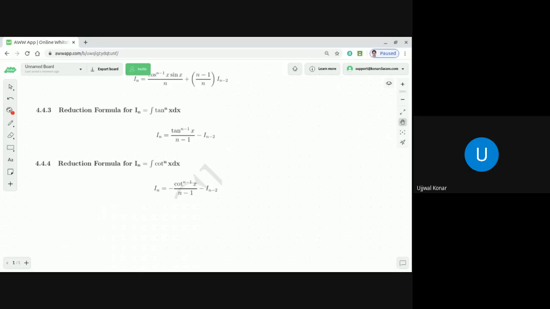If we give I_n equal to the integral of cot to the power n x dx, then I_n is minus of cot to the power n minus 1 x by n minus 1, minus I_(n minus 2). That means if the question is the integral of cot to the power 4 x dx, that becomes minus cot cube x divided by 3 minus the integral of cot square x dx. Then again you can apply the formula for cot square x dx and you will get it.